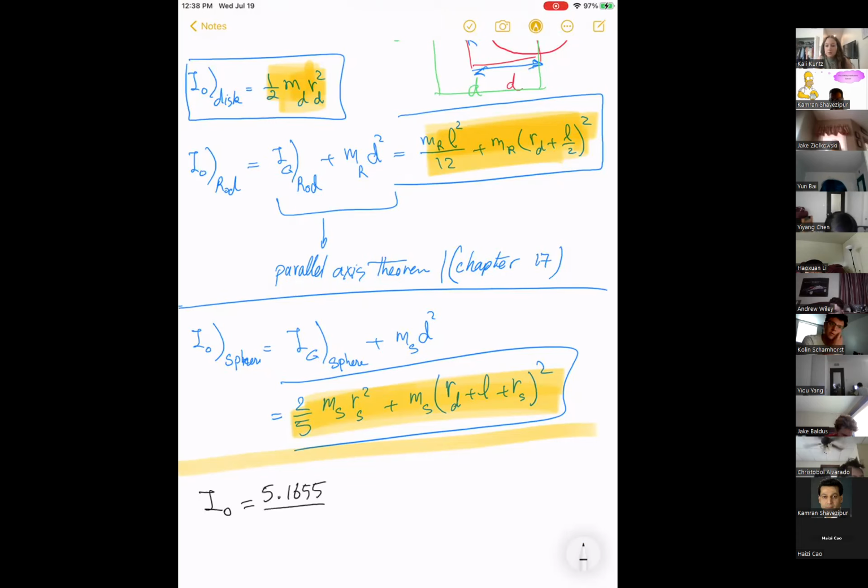Because the solution manual doesn't calculate this separately. They usually substitute all in one number. I don't know, so I'm going to wait for someone else to calculate this and see if it's the same. What's the unit, by the way? What is the unit for this? Is it slug foot squared? Yes.